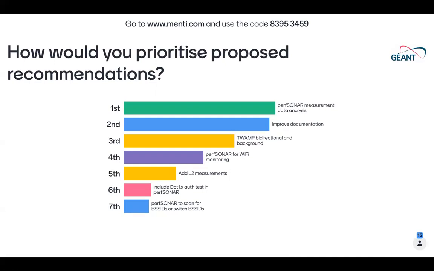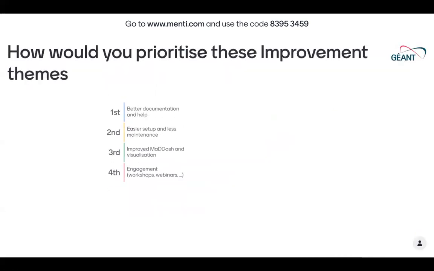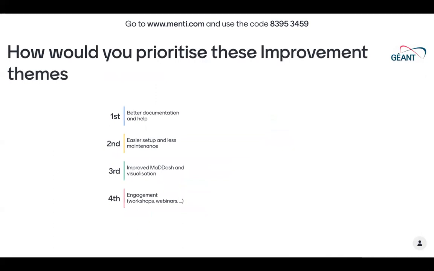And so now let's go to a second question. If we group those improvements and those feature requests into 4 different teams, what is your view on the priority of these teams?